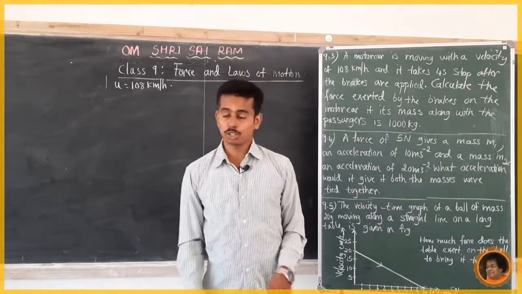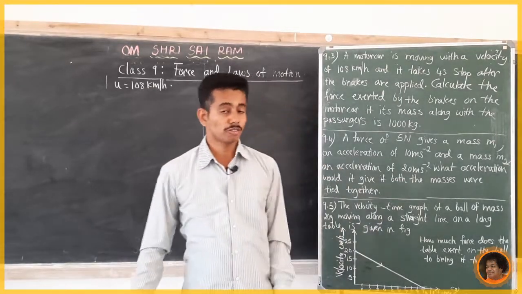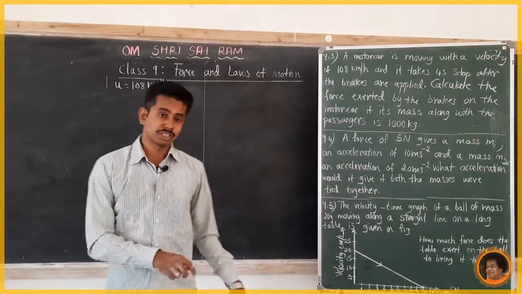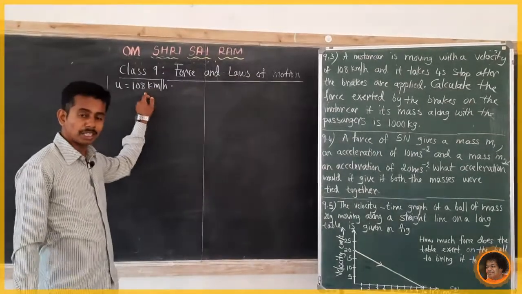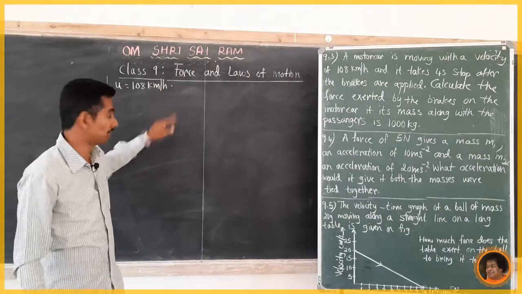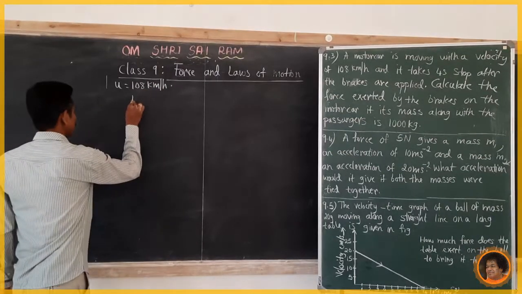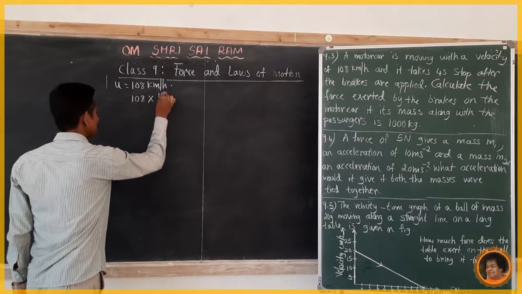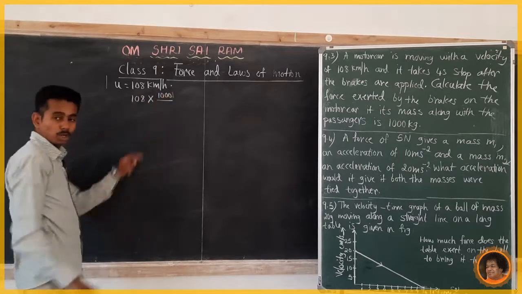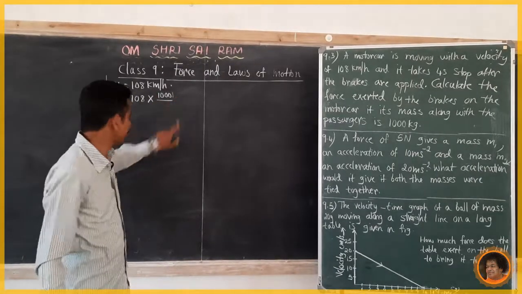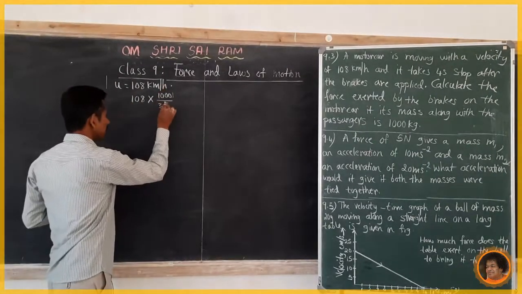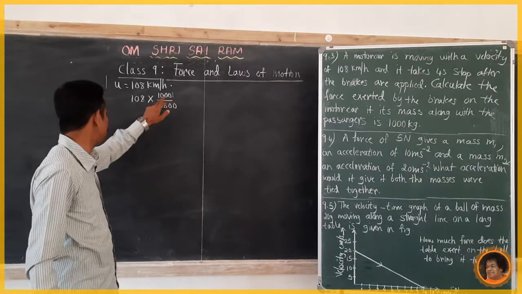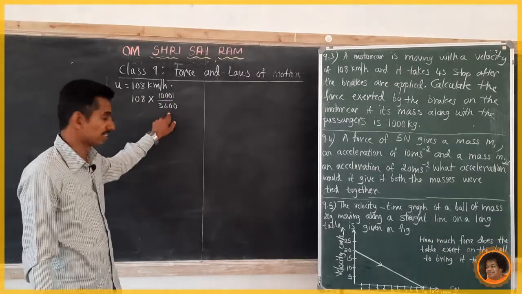But be careful. What is the SI unit of velocity? That is meter per second, but it is given in kilometer per hour. So convert kilometer per hour to meter per second. How to convert this? 1 kilometer means 1000 meters, and 1 hour means 3600 seconds. So multiply 108 into 1000 by 3600.